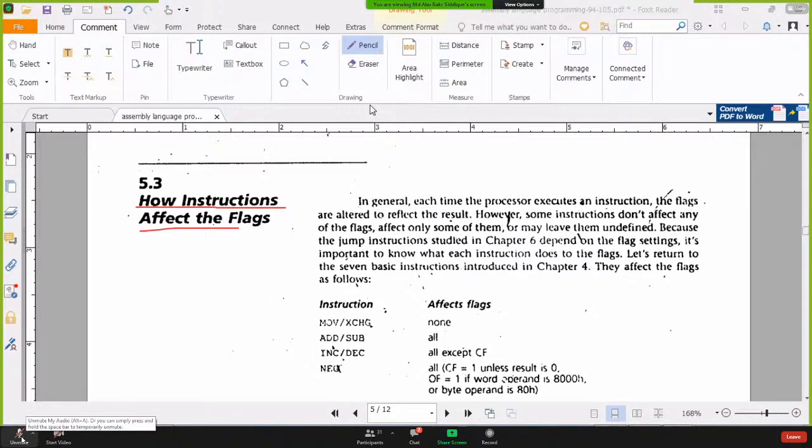Hafiza, can you say what are the instructions we studied in chapter 4? Yes, sir. Yes, tell me, what are the instructions we studied in chapter 4? Sir, destination, source, these? No, instructions, assembly instructions.